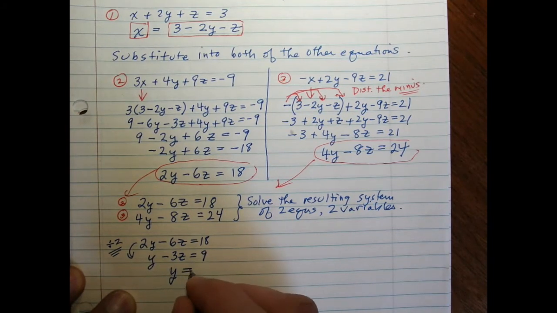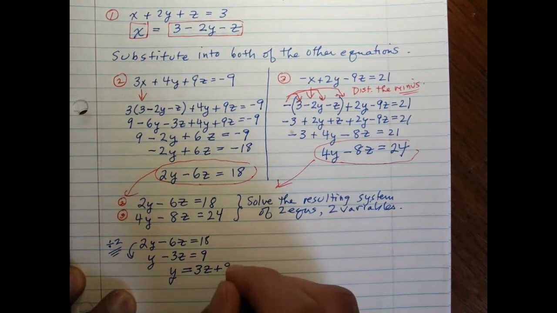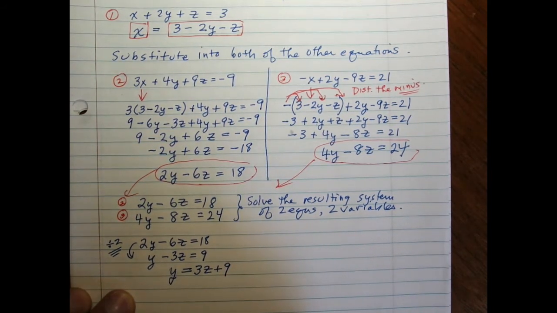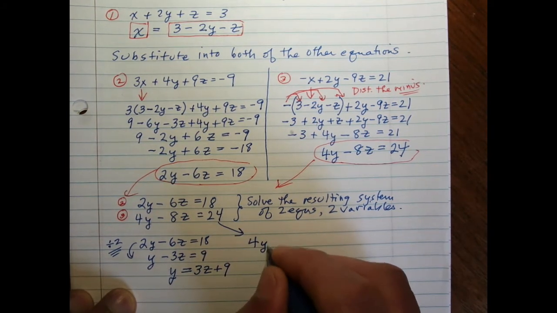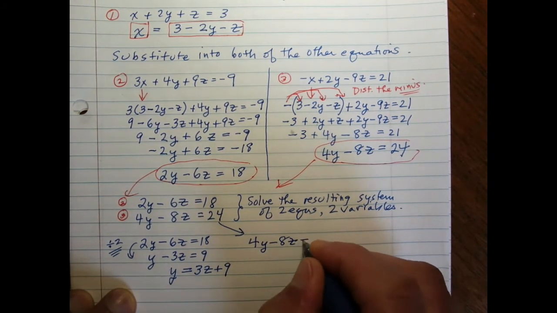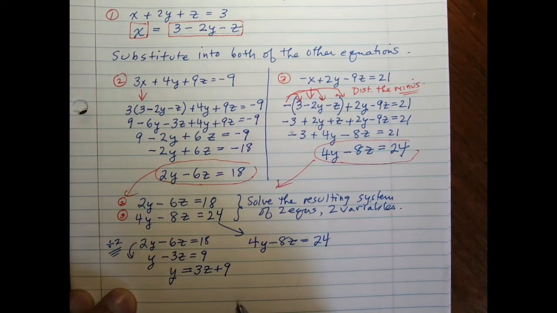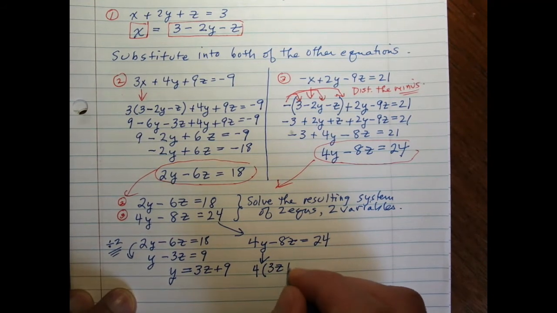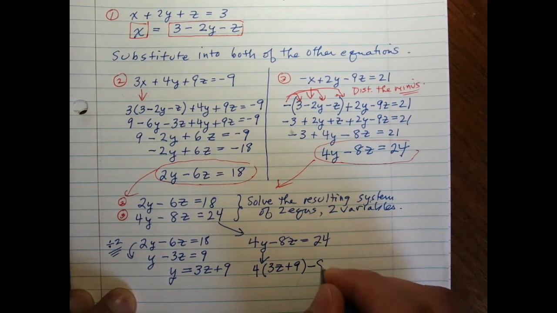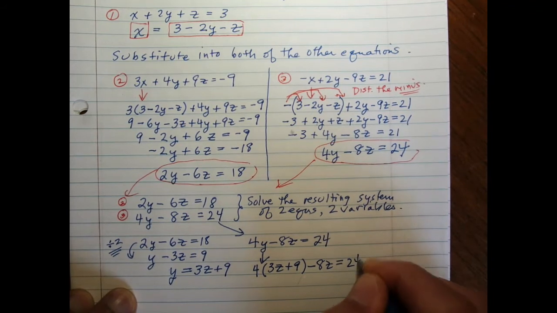And now if I isolate y equals positive 3z plus 9, I can substitute into the other equation. So I'm using old-fashioned substitution with two variables. So I'm going to replace y here. So I have 4 times (3z plus 9) minus 8z equals 24.